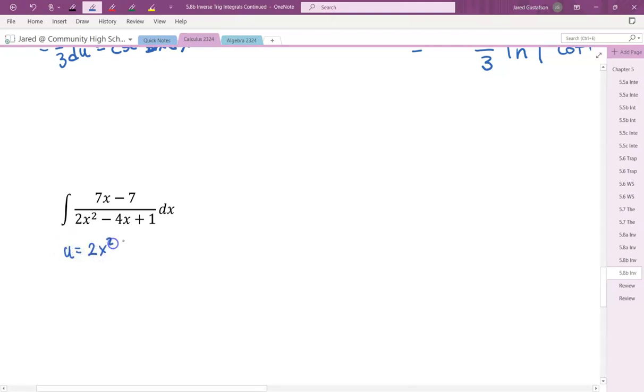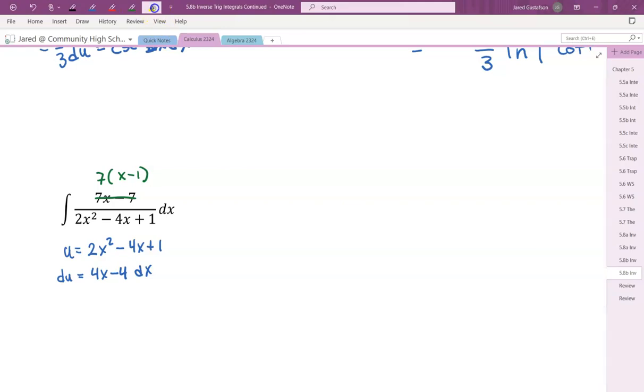So u, let's call it our quadratic, our denominator, 2x squared minus 4x plus 1. So du would be 4x minus 4 dx. And even though these things don't look the same, what if I rewrote the top as 7 times x minus 1? Then you might say, okay.